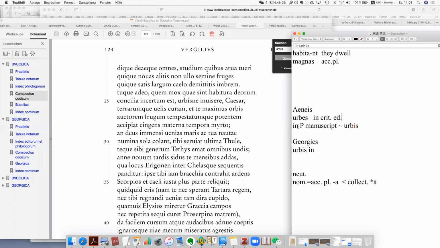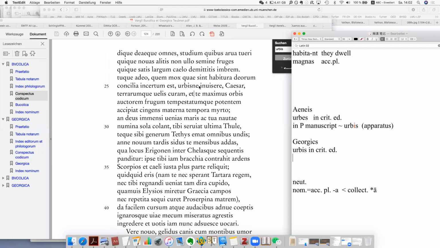But in the apparatus, so this is recorded in the apparatus, the critical notes. It's noted that in the P manuscript we have Urbis, right? And in another work by Virgil called the Georgics, Urbis in the critical edition, right?